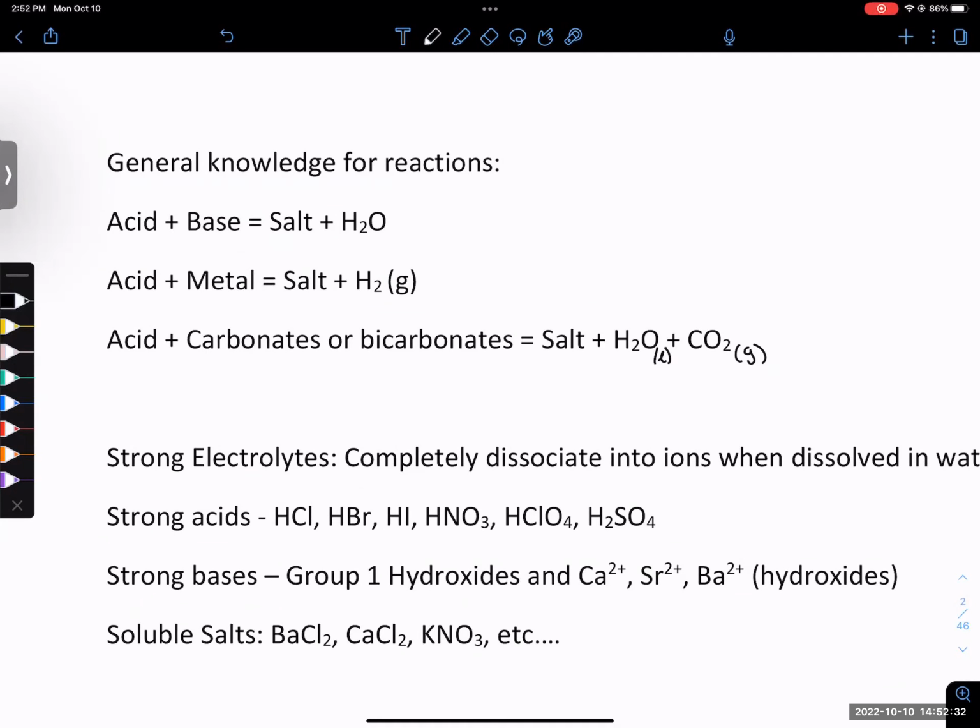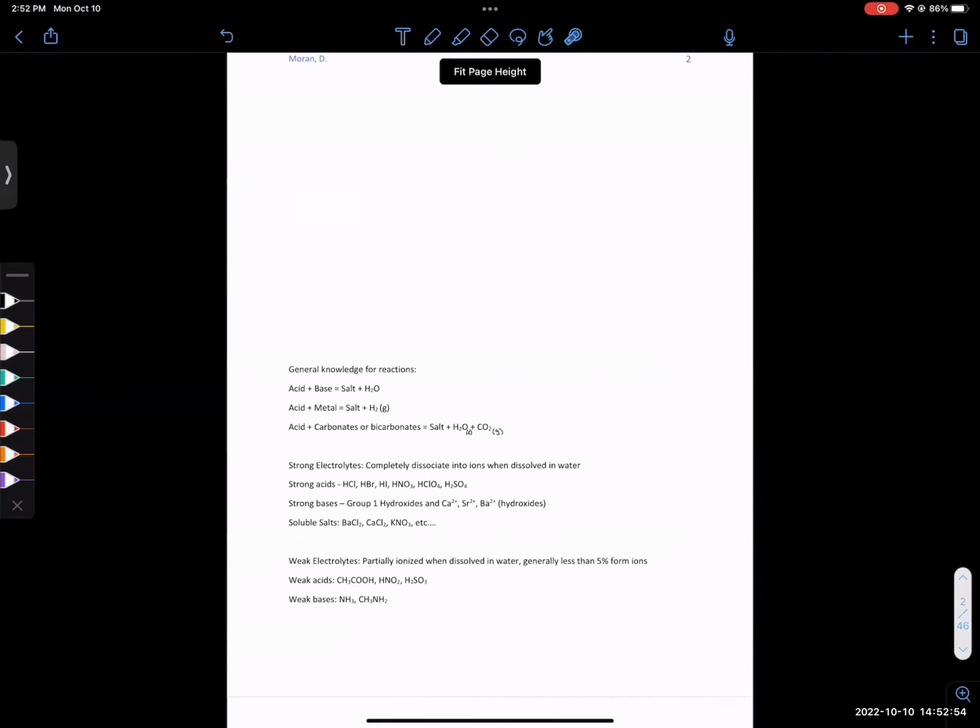Okay, so clearly we know that a regular acid and base form salt and water. An acid and an active metal is going to form salt and hydrogen gas. And the metal has to be more active than hydrogen, which is why I say active metal. And then acid and carbonates or bicarbonates form salt, liquid water, and gaseous CO2.